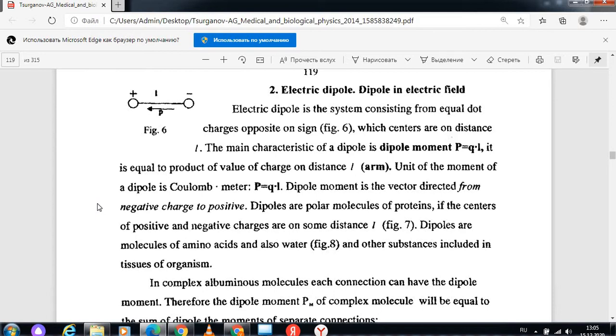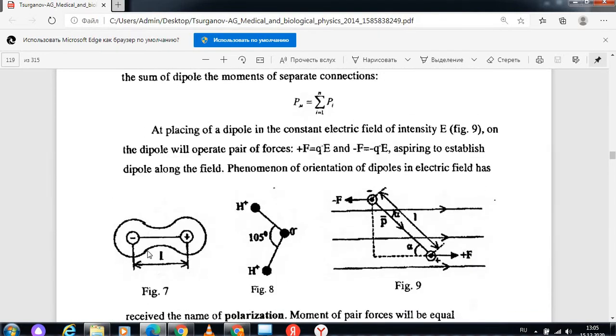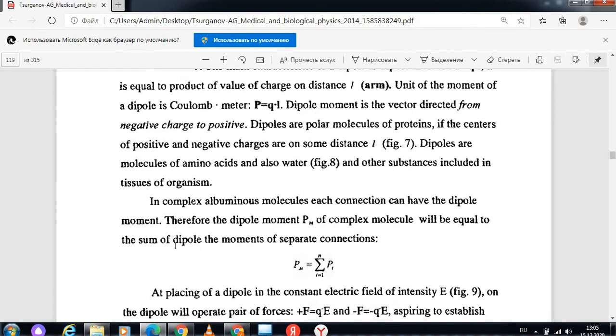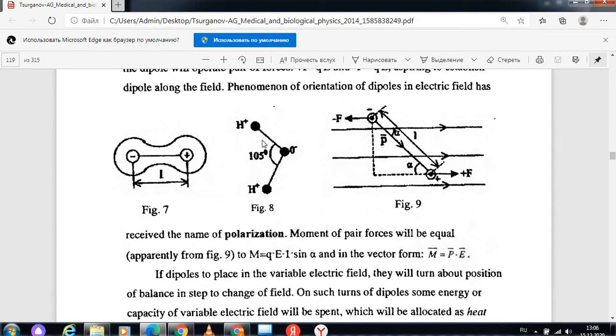Dipoles are polar molecules of proteins, for example. If the centers of positive and negative charges are at some distance L, as on figure 7, dipoles could be molecules of amino acids and also water, here under figure 8.